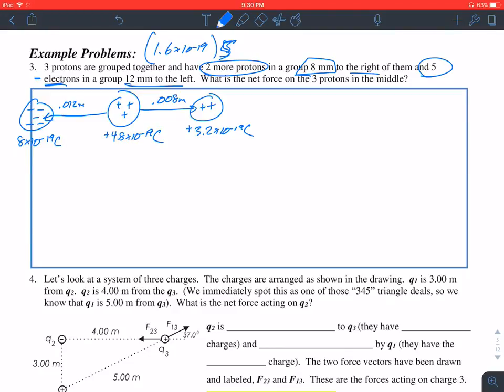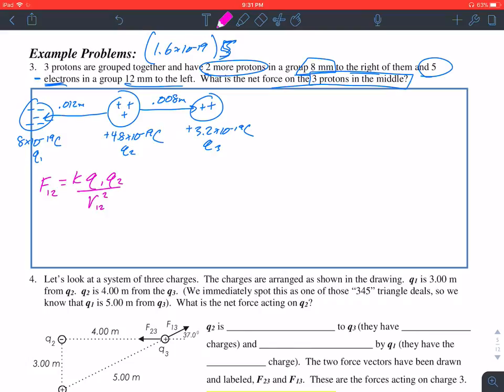And we want to know what is the net force on the 3 protons in the middle. Well, let's call this Q1, Q2, and Q3. And so what we need to do is look and say, what force does Q1 and Q2 apply to each other? Because we want the force of 1 and 2, we need Q1 and Q2 and the distance between 1 and 2 squared.